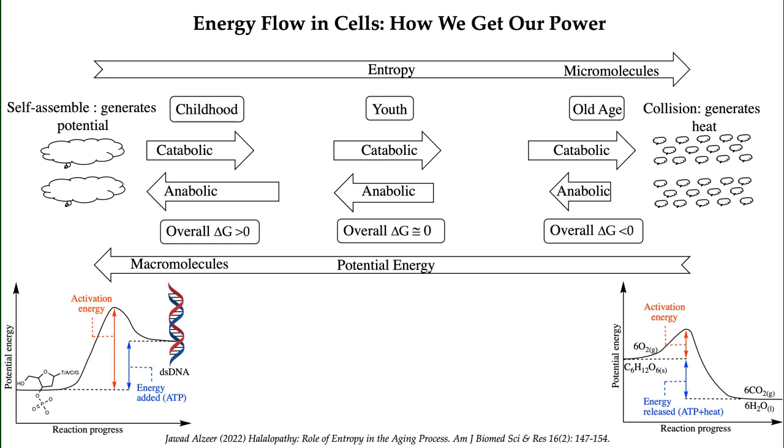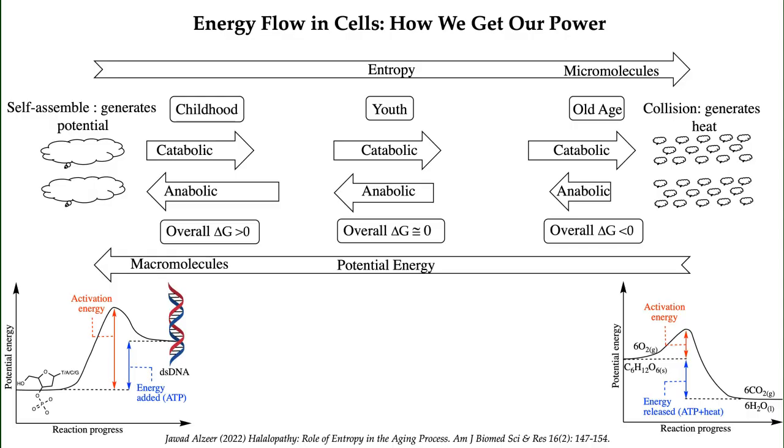So to summarize, in the catabolic process we break down molecules, we increase entropy, and we release heat, and this process is spontaneous. Whereas the reverse process, which is anabolic, is non-spontaneous. It requires energy and usually utilizes the ATP, which is released during the catabolic reaction.